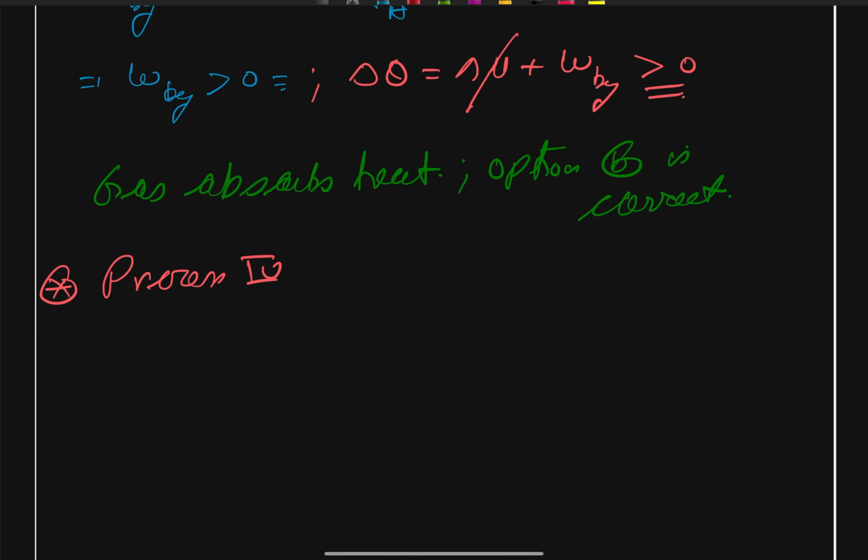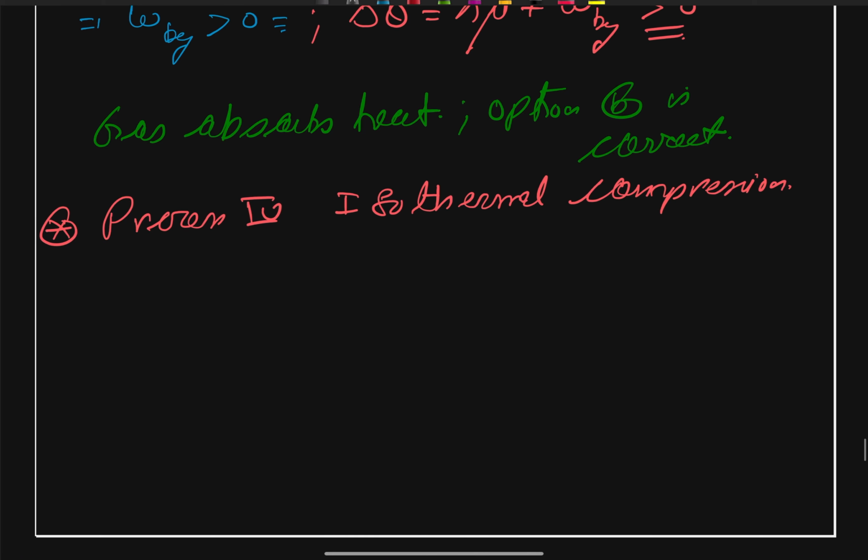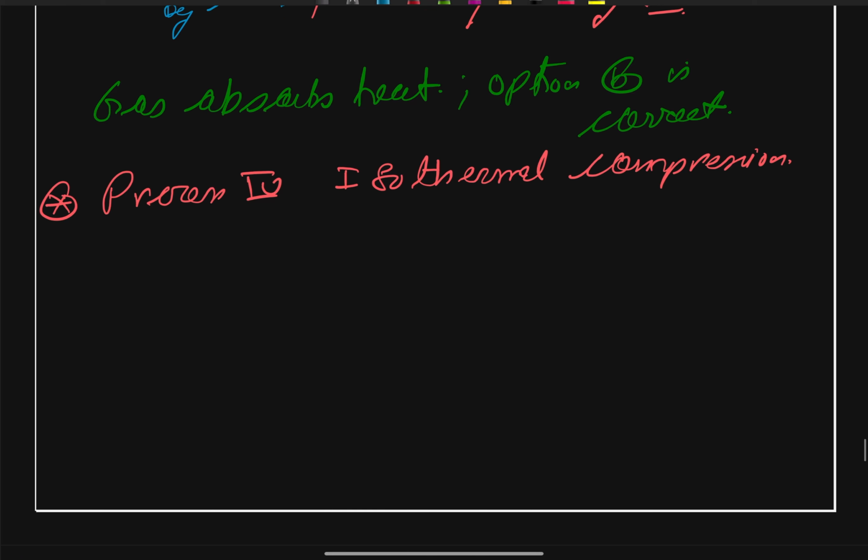Process 4 is isothermal compression. And once again, delta T is equal to 0, and it is compression, so delta V is less than 0.